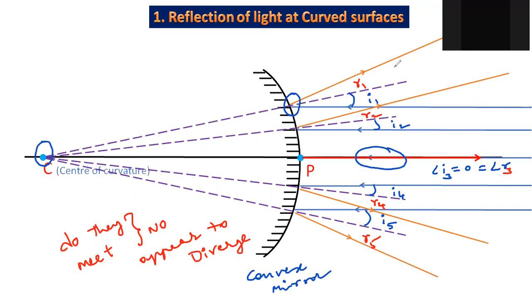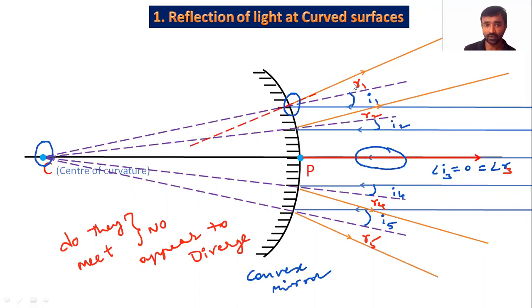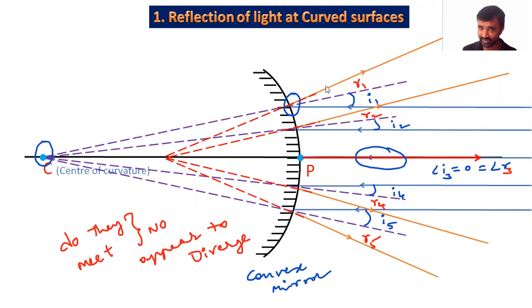So now what I am doing here, I will go in the backward direction. See here. What happens if I go in the backward direction? Using the reflected light ray, I am extending using the dotted lines in the same line in the backward direction behind the mirror.